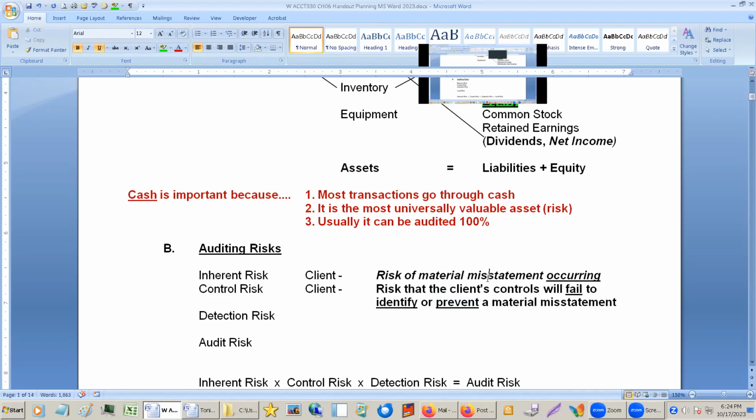So, okay, the first one is will it occur? The second one is will the client miss it?